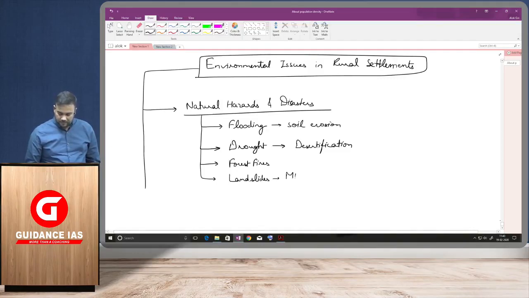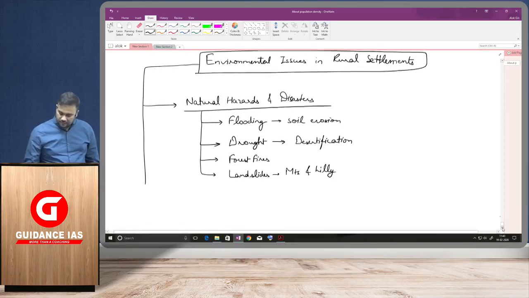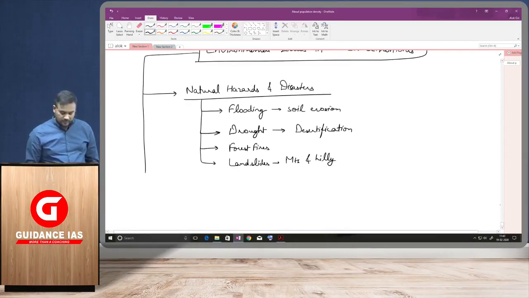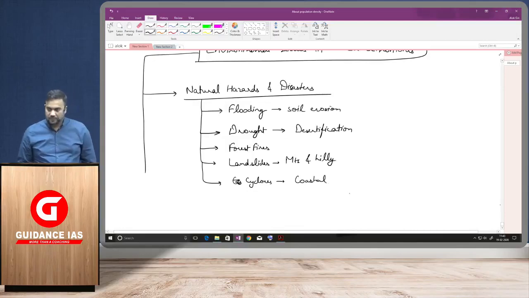It is mostly in the mountainous and hilly regions of India. Okay? So again, this is another issue. For example, the problems of cyclones in the coastal villages, dust storms, several types of problems. So these are the important natural hazards related problems.